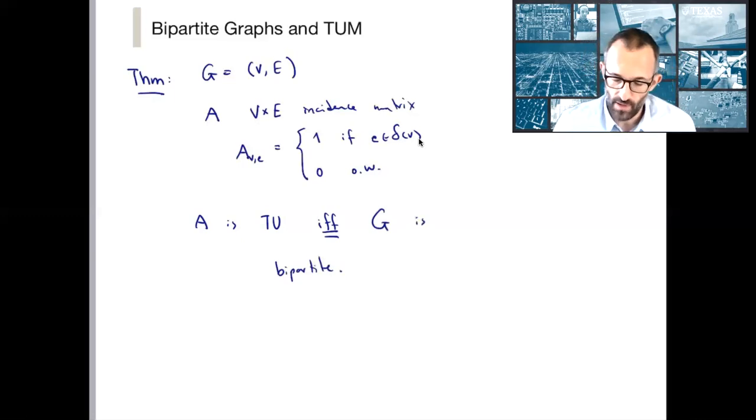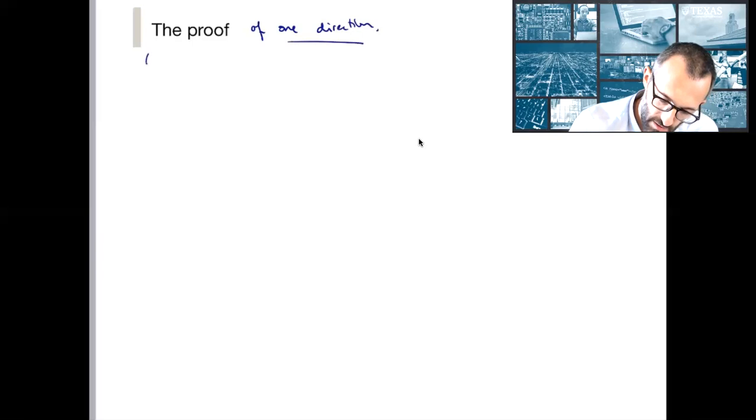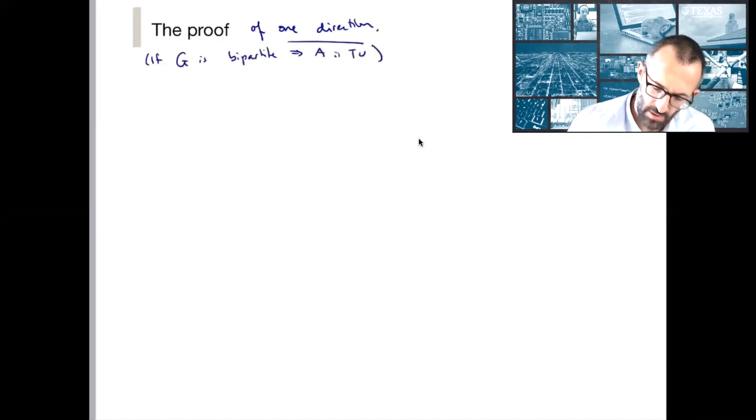We're going to show that if G is bipartite, then A is totally unimodular.